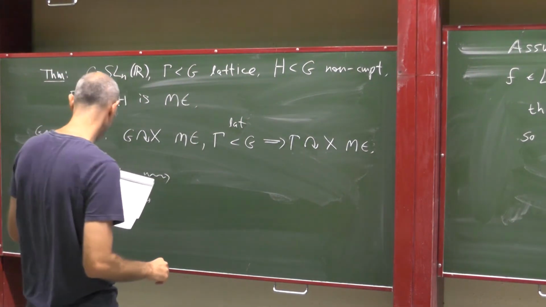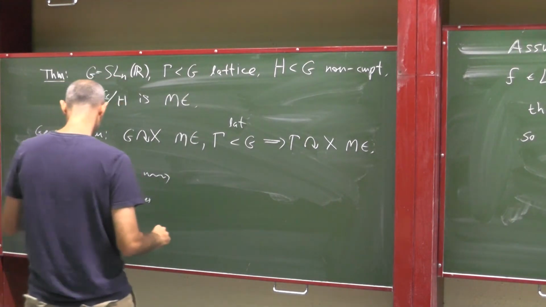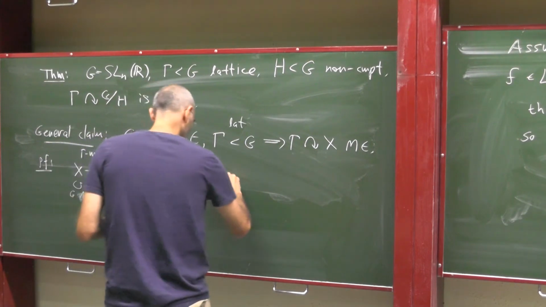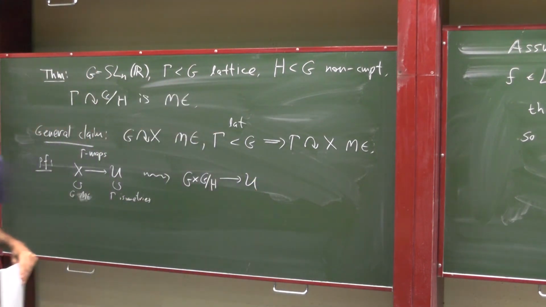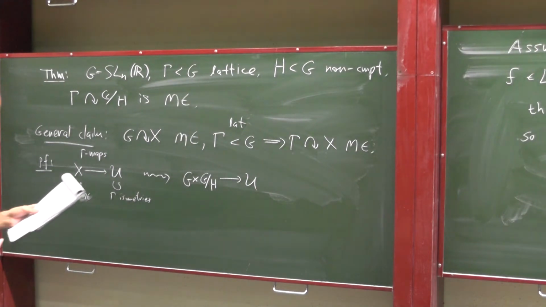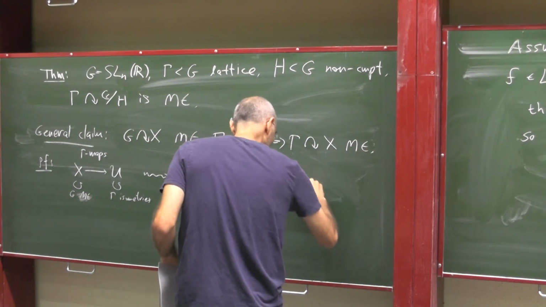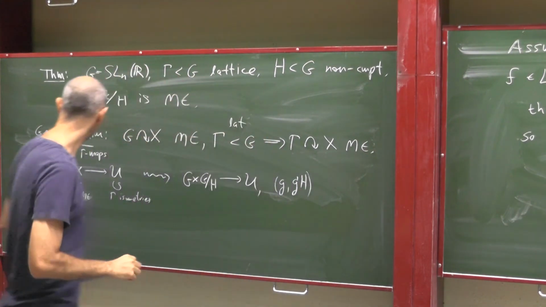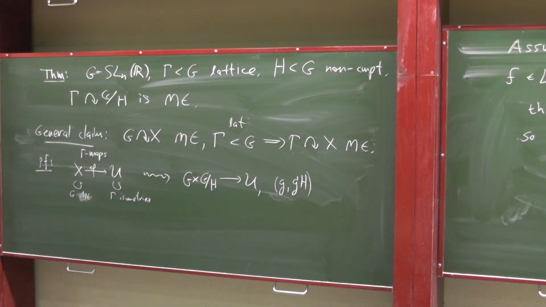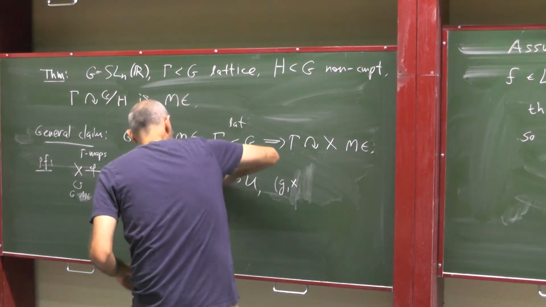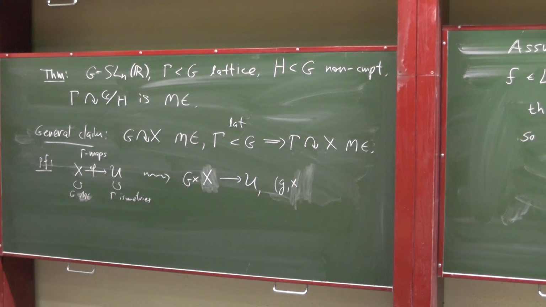So we consider a new map. I will consider a map from G times G mod H to U, just somehow to force some G structure. So I should take g, comma g'H to some element. In my notes I was less general.